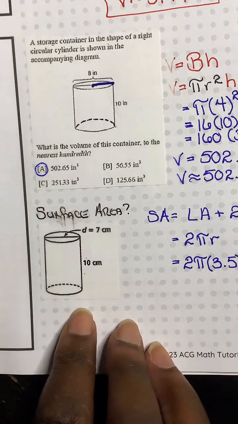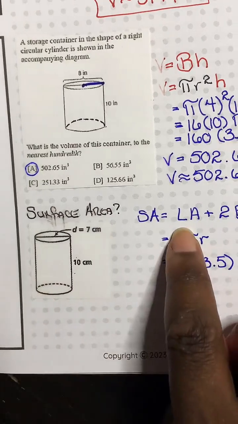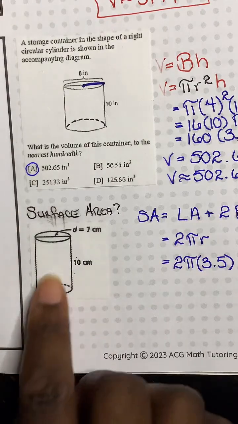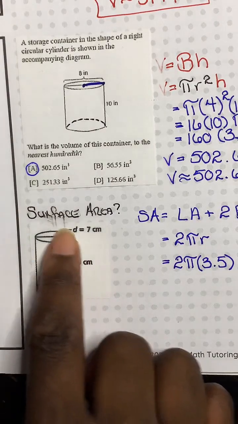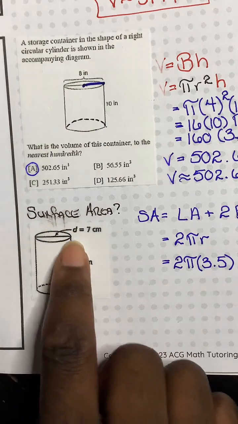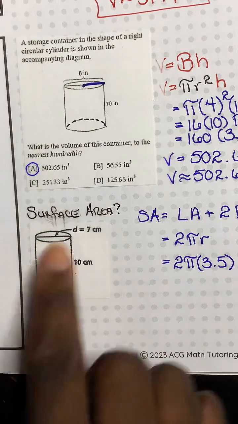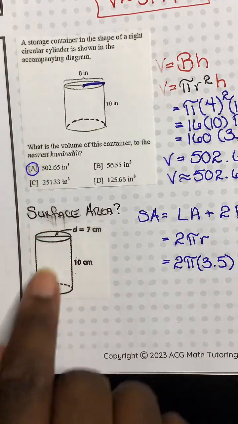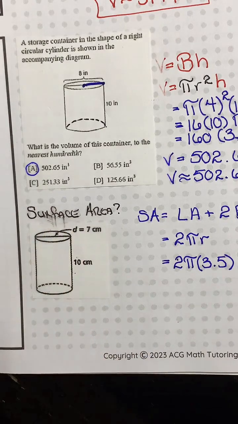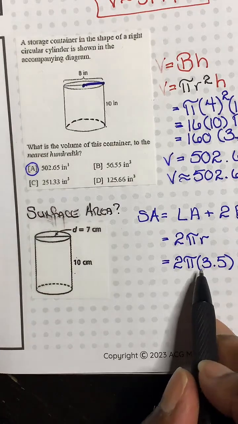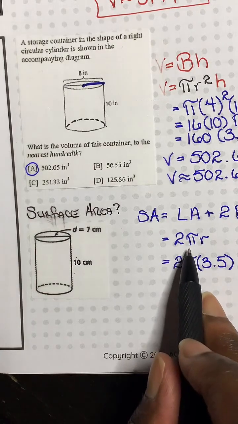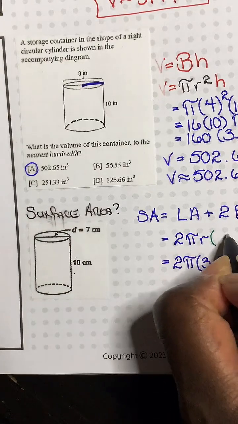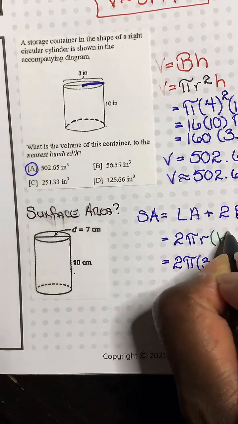When we say the LA, the lateral area, we're basically looking at our circumference. Circumference is our 2 pi r. So we have our 2 pi r, and then we're multiplying this by my h.